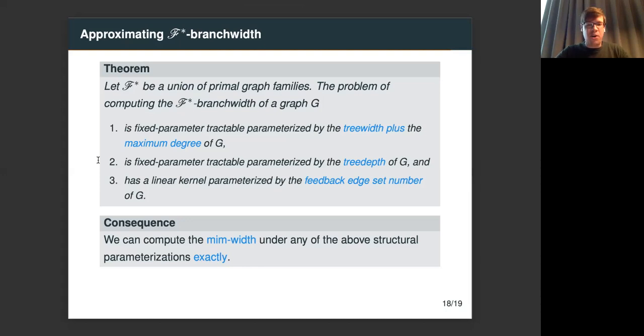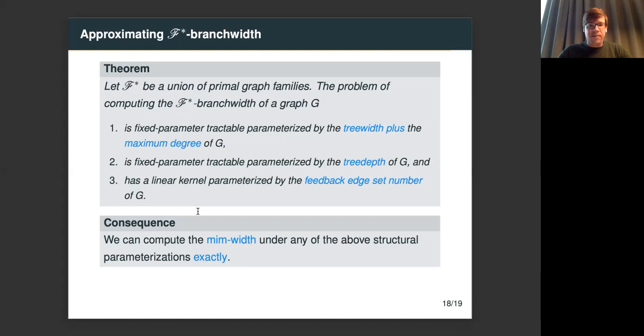And this has been open for several years now. Like I said in the beginning, there's really not much known about computing MIM width. So these results can also be seen as a step toward a better understanding of how we can obtain algorithms to compute MIM width.